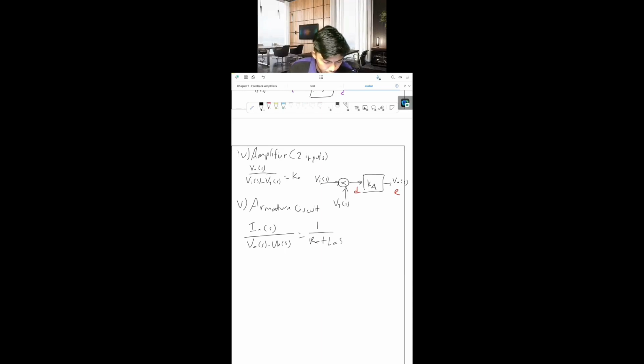So we draw the block diagram. Here is V_A, and from the V back.